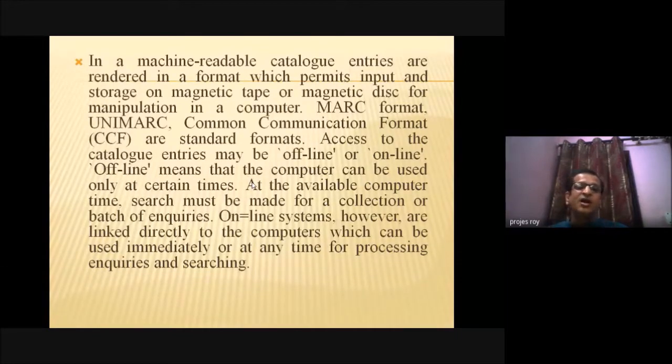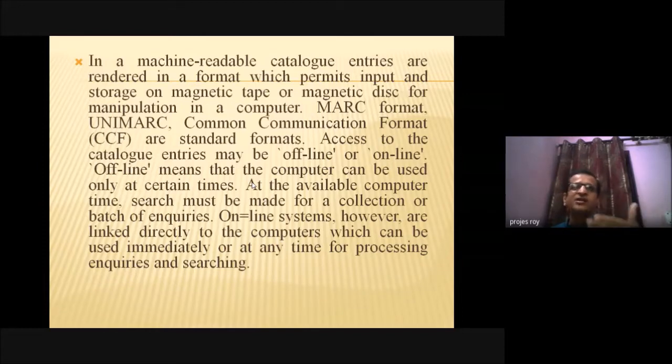Later on, we shifted to MARC, then MARC shifted to UNIMARC, USMARC. Today, we are working on MARC 21. It is a standard for how we record your book entry for cataloging purposes.